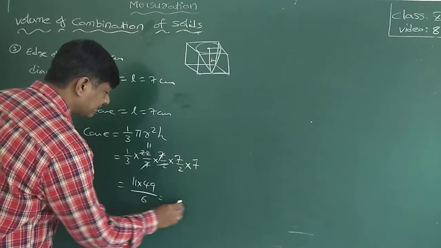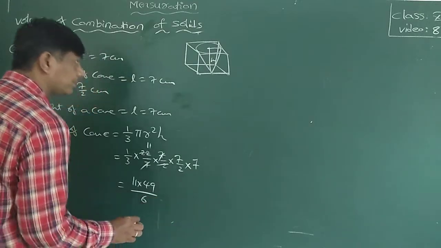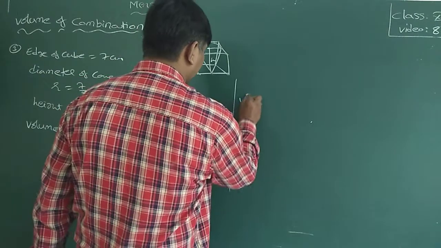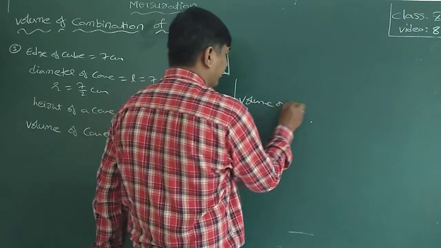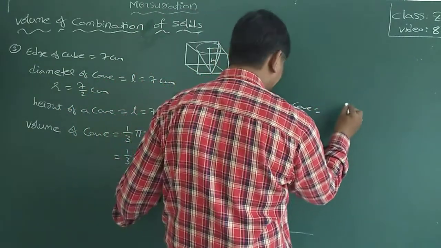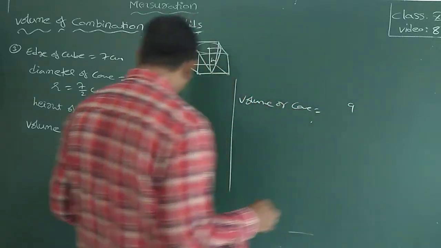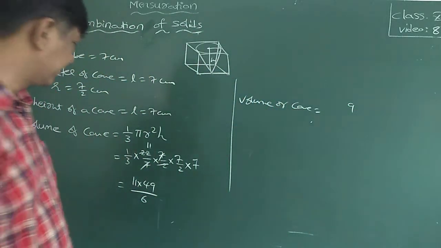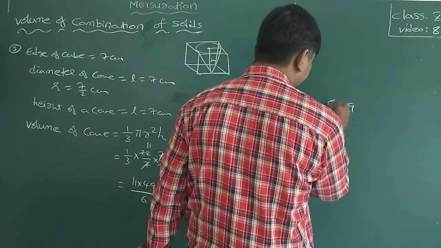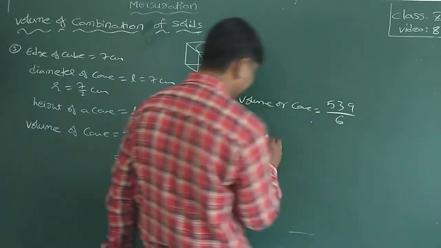So 11 nines are 99. Volume of cone is equal to 11 nines are 99, 11 fours are 44, 44 plus 9 is 53. 539 by 6. Divide this one.